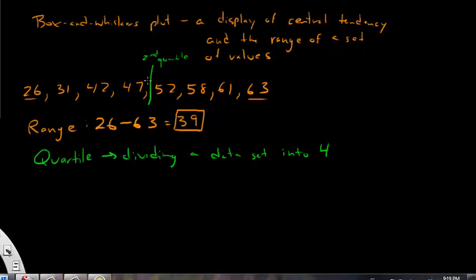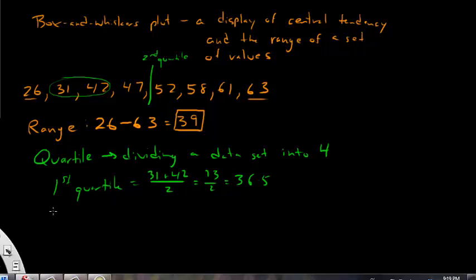The first quartile is actually found by just finding the median of this first half. So that's going to be the median here. These are two numbers, so again we need to find the mean. First quartile is going to be the mean of the two median numbers, which is going to be 36.5.